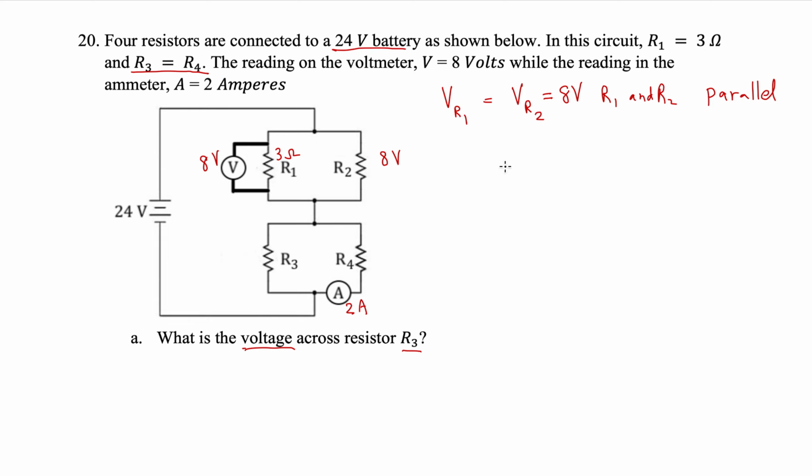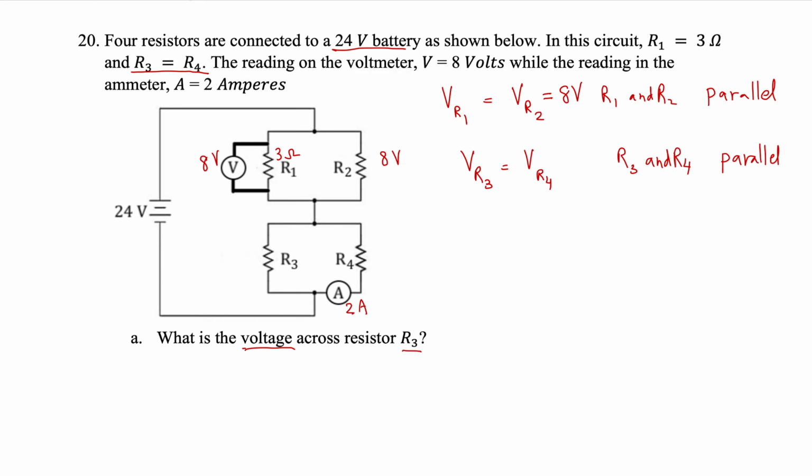Now similarly, R3 and R4 are also connected in parallel. So voltage across R3 will be equal to voltage across R4, because R3 and R4 are also connected in parallel.